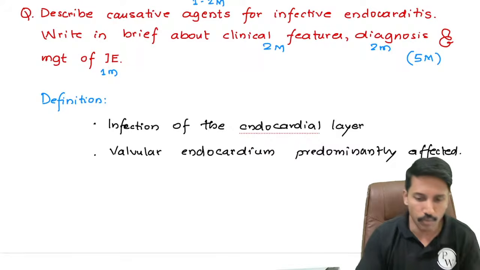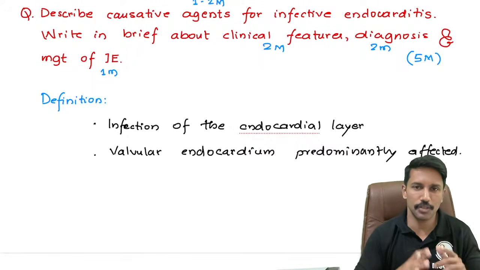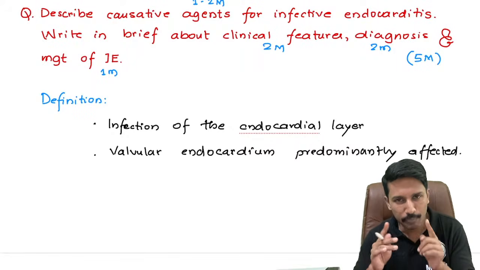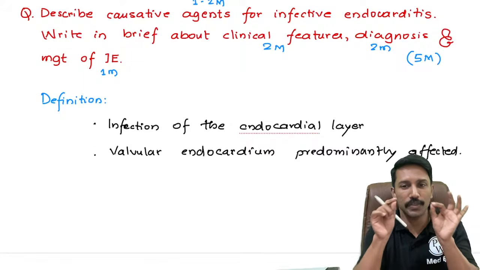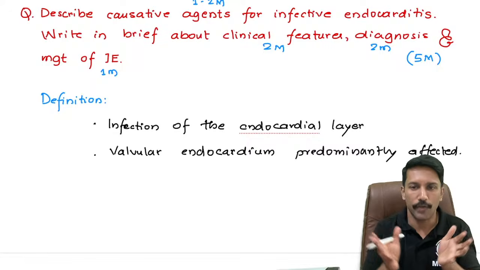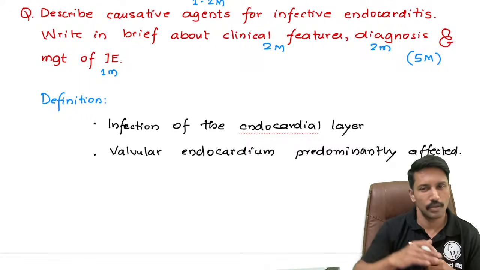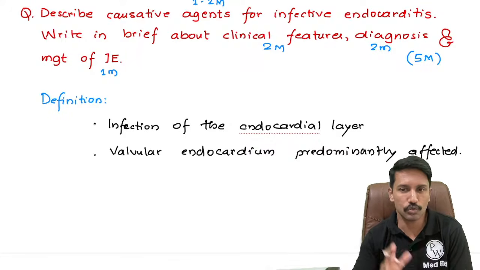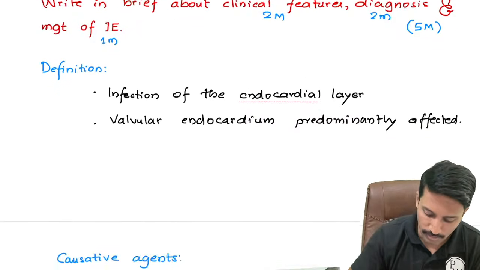These are the 2 points I want you to mention in the definition. It is infection of the endocardial layer, and it mainly affects the endocardium layering the valves, not the ventricles or atria. It can get affected there also, but most commonly it affects the endocardium over the valves.